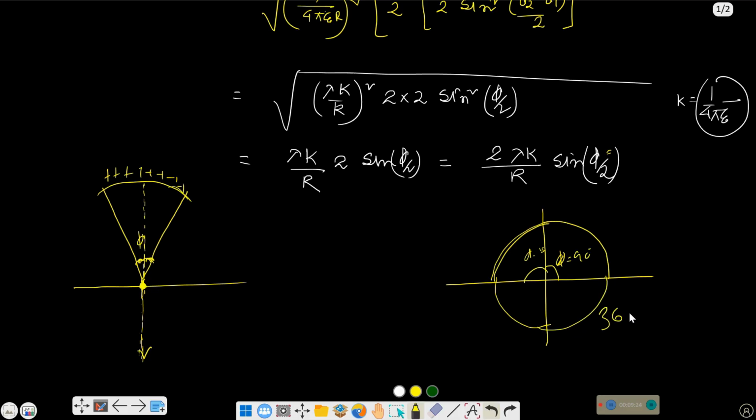This one, it will be 360 degree. Now if it's 360 degree, then 360 degree by 2, sine of that will be 0. So this is how we can find out the electric field at the center of any charged wire in the form of an arc at its center. Okay, so I hope all of you have understood this problem. Thank you.